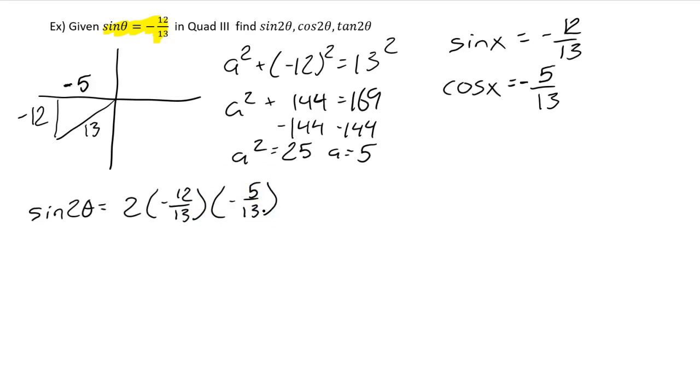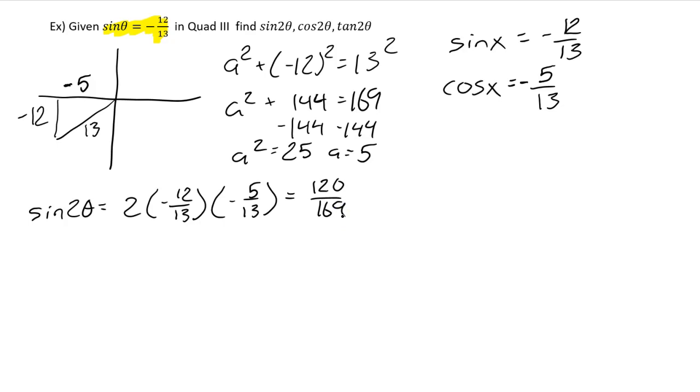I'm going to multiply all of these values together. I'm just going to type them in, and we still should get a fraction value. So negative 12 over 13, negative 5 over 13, all this times 2. And remember to leave it in your fraction value. So we get 120 over 169 for our sine double angle.